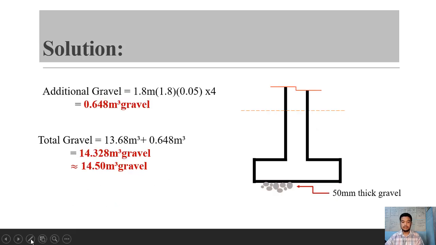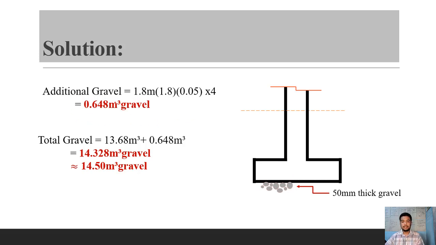But sometimes in the construction of the footing, most especially when you are putting it above the soil, they also require a 50 millimeter thick gravel at the bottom, and that is where they will place your footing. So we can also estimate the additional gravel that is put in the bottom of the footing.